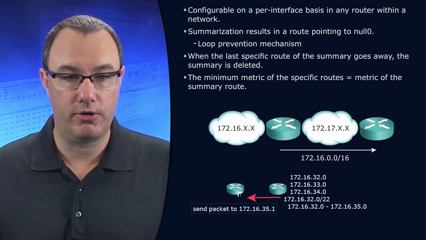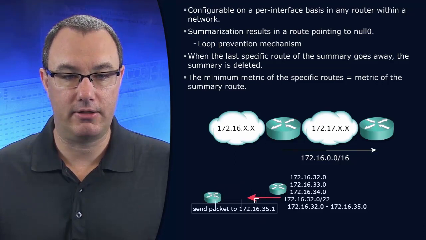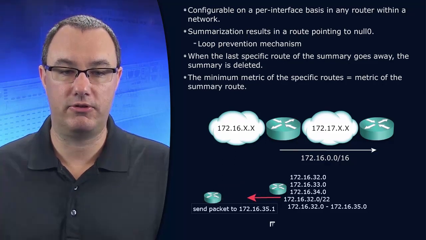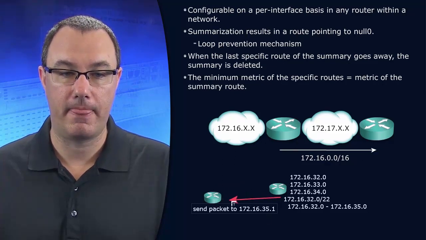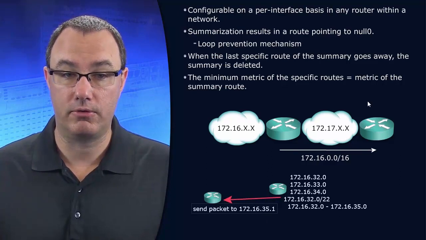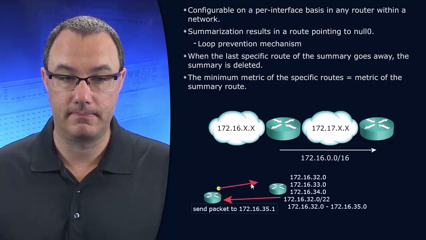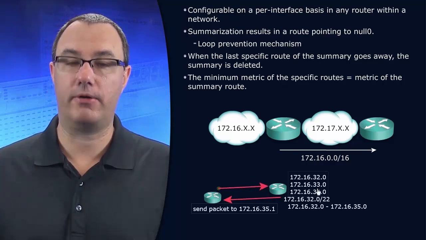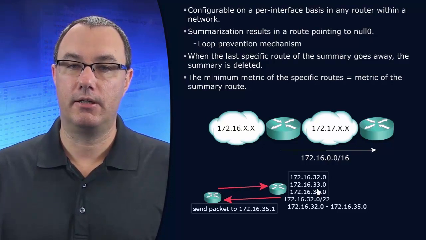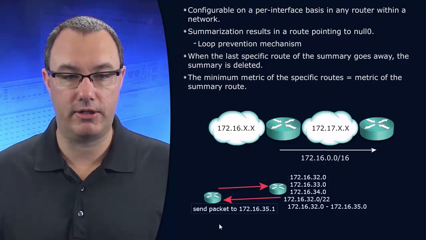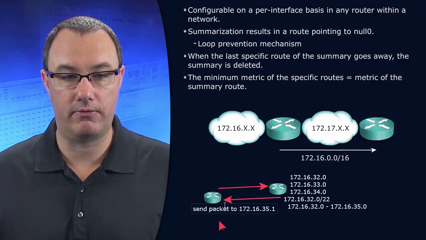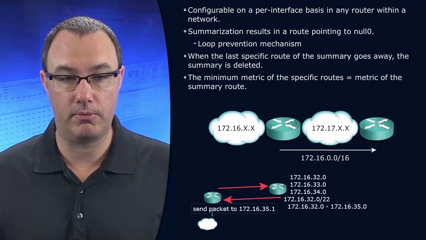If this router over here sends a packet to 172.16.35.1, what it will do is it'll route towards the summary. It'll route to the other router. So we're sending a packet 172.16.35 over to the router that has performed a summary.